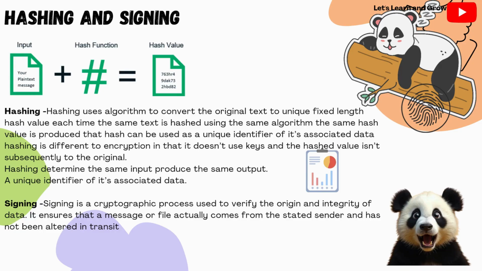Hashing differs from encryption in that it does not use a key, and the hash value is not reversible. Signing is a cryptographic process used to verify the origin and integrity of the data. It ensures that messages or files actually come from the stated sender and have not been altered in transit.